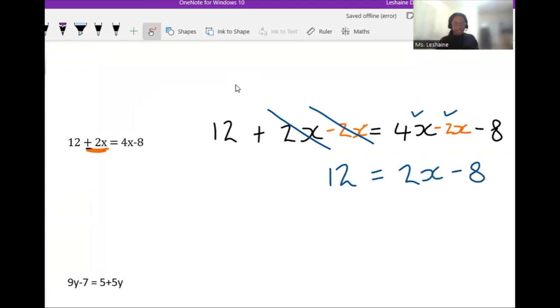So all I did was subtract a 2x from both sides to get rid of the 2x that's right here. So I currently have 12 is equal to 2x minus 8.